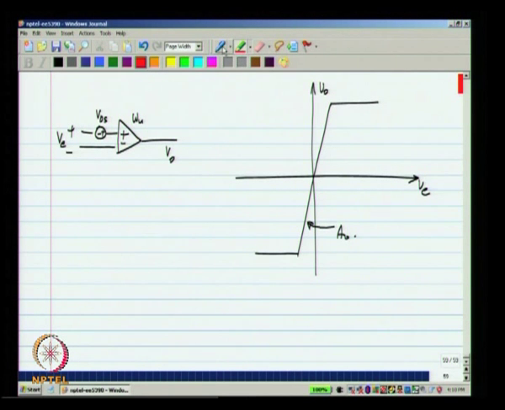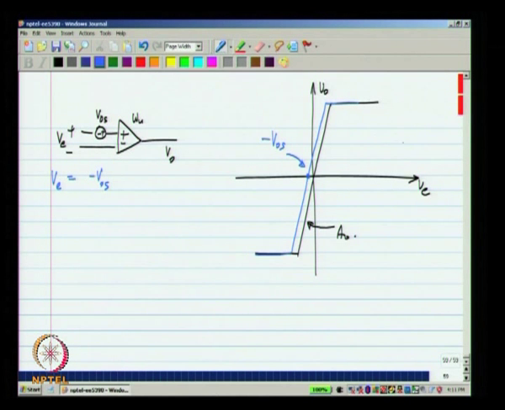So, what happens now is that instead of being like this, the output will be like that. So, when the input VE equals minus VOS, the inputs here will be 0 and the output will also be 0. So, this point will be equal to minus VOS, the way we have defined it, and that is the offset voltage.